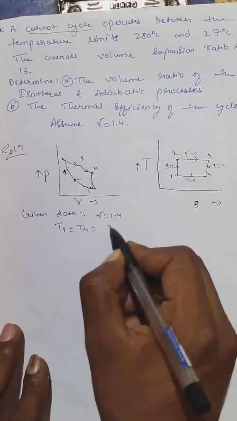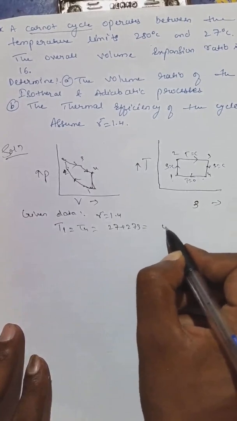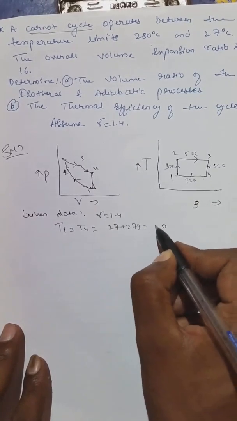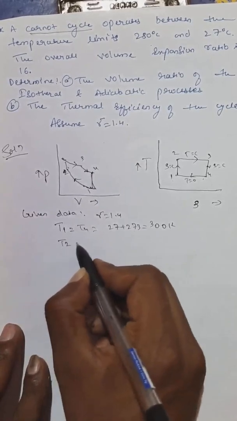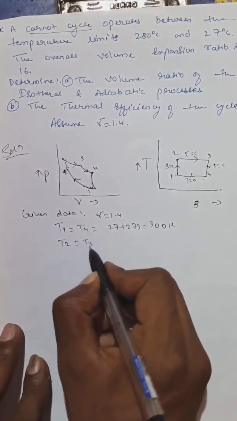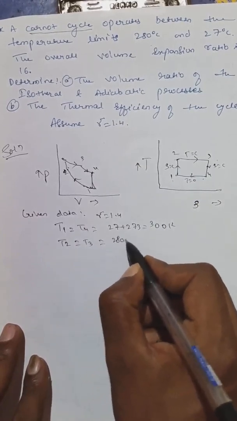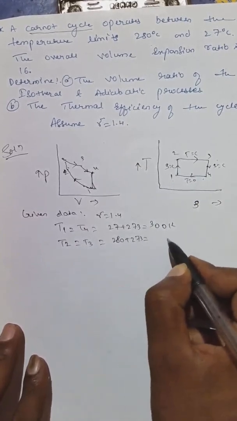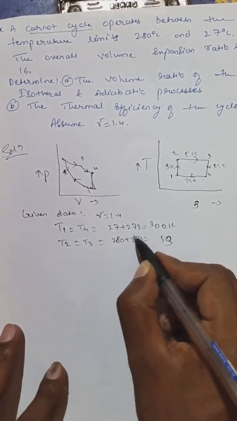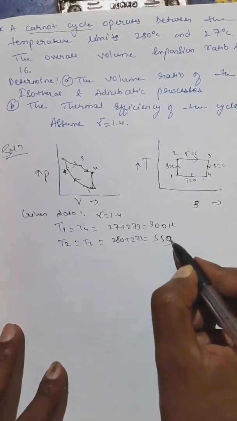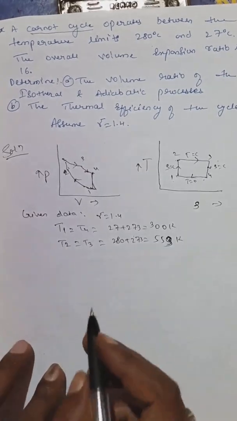T4 is equal to 27 plus 273, which will be 300 Kelvin. Similarly T2 is equal to T3. You can see here T2 and T3 both are the same. This is 280 plus 273, which will be equal to 553 Kelvin.